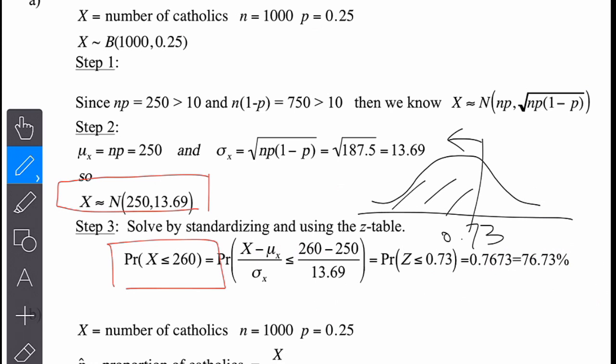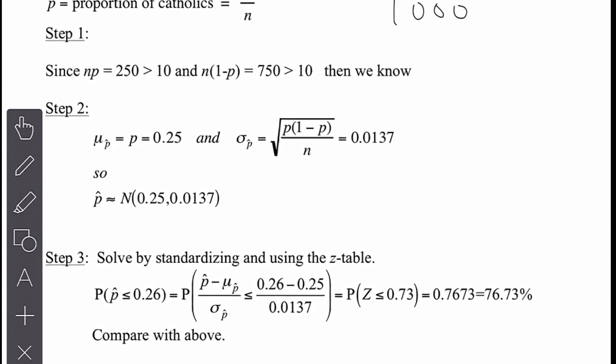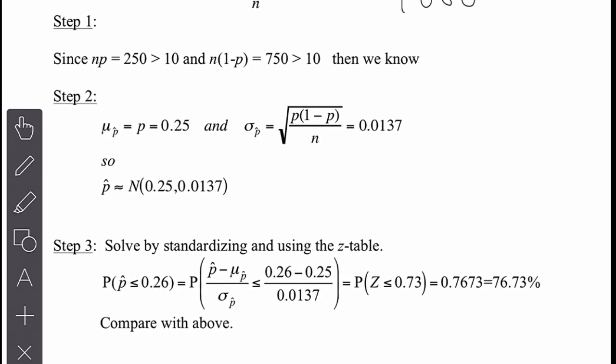If 260 is what I'm interested in, 260 out of 1,000 is also the same as 0.26. So if you answer the question using the proportion and its parameters, you should get the same result, and that's what I show here. Again, verifying that if I was to start from scratch we can do this.